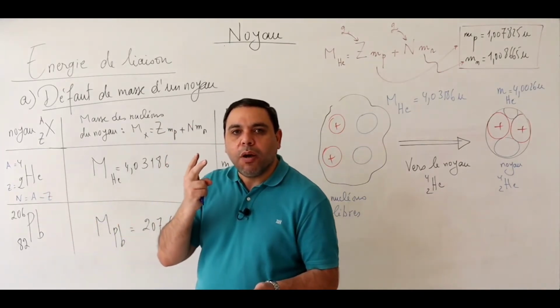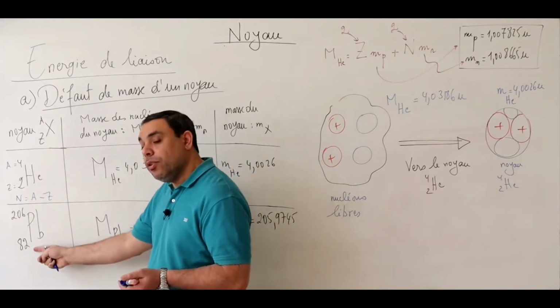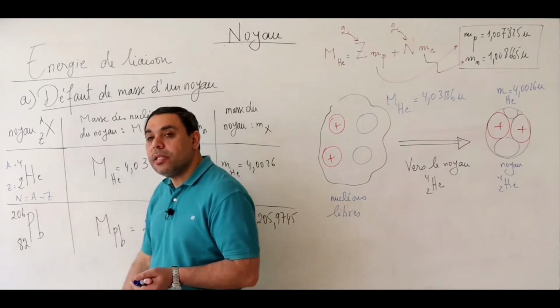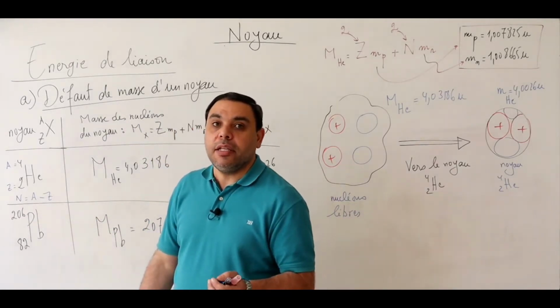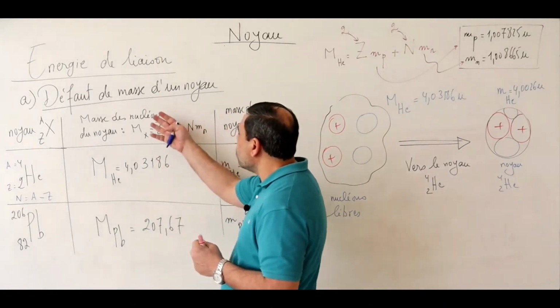The helium nucleus has 2 protons and 2 neutrons. The lead nucleus, on the other hand, contains 82 protons and 206 nucleons, that is to say, 124 neutrons.